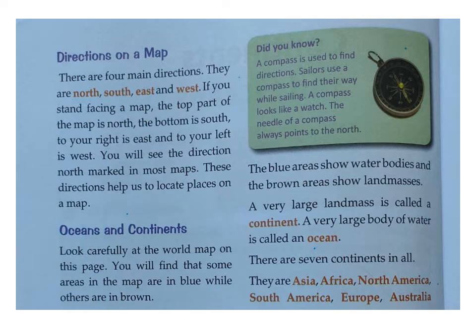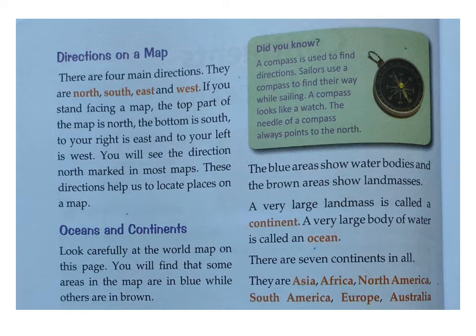Put your map straight, means erect, or hang it on the wall. Now you can see the upper side of the map is always showing the north direction. The bottom of the map, the downside, is showing the south.